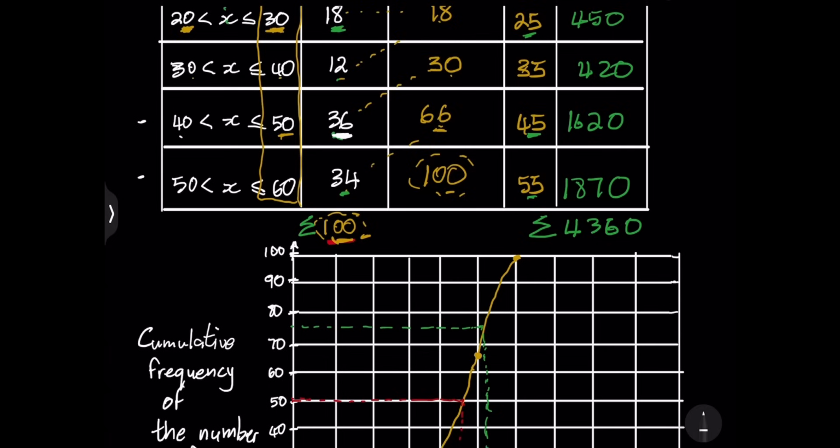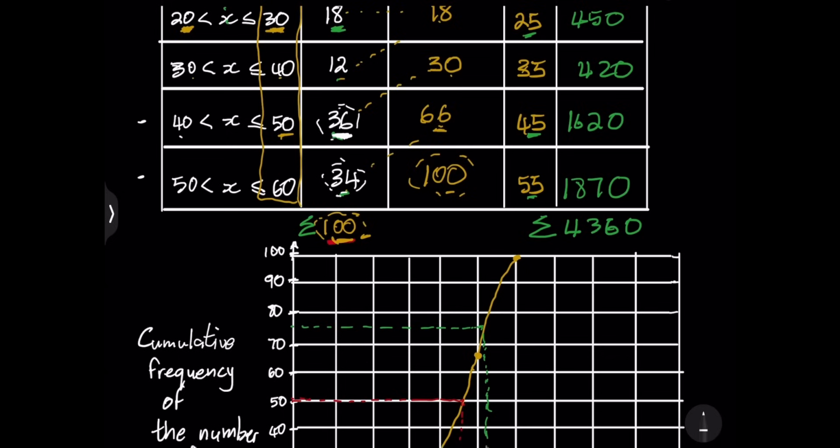How many learners do I have there? It's 36, right? But remember I said above 40%, so it will also include these learners here, because they would have obtained about 40%. So you'll say, well, that's 36 plus 34.